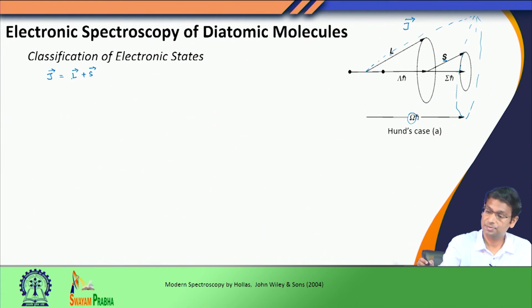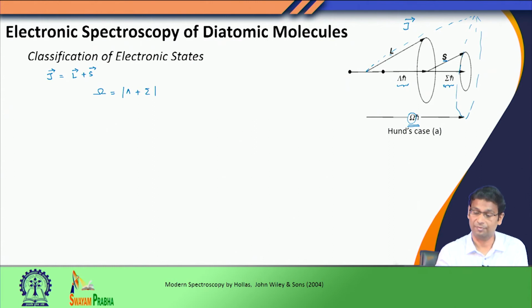So, omega is defined as the modulus of lambda plus sigma, where lambda is here and sigma is given here, and omega is the projection of the total angular momentum onto the internuclear axis.